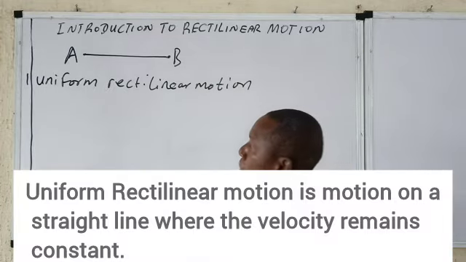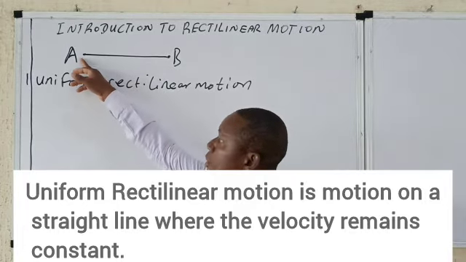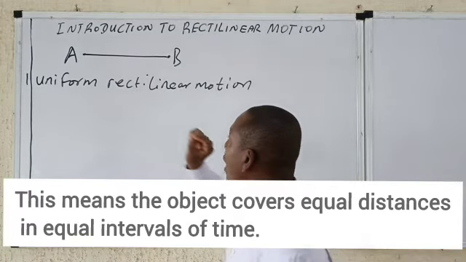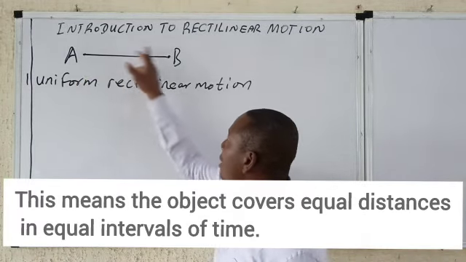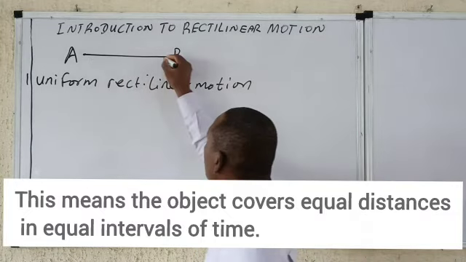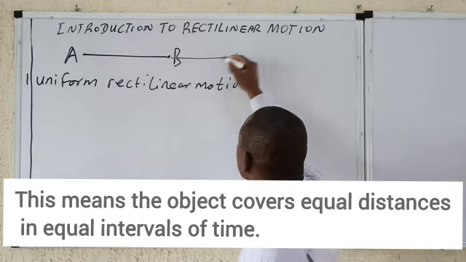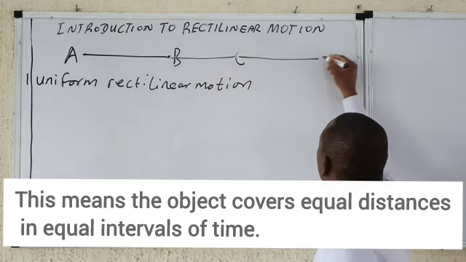Now, it's a very simple concept. The word uniform means that the moving object covers equal distance at equal time intervals. For example, the object moves from point A to point B, from point B again to point C, from C to what?